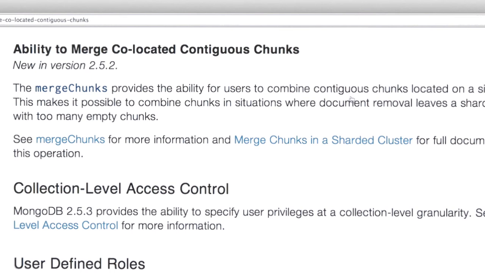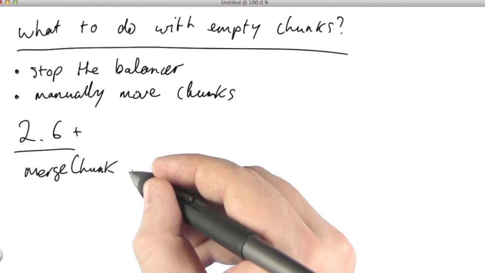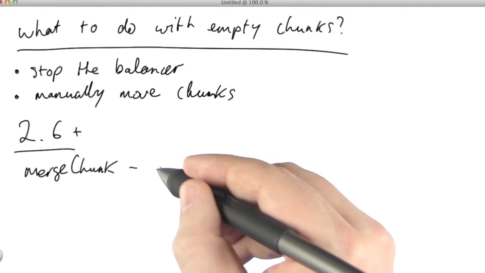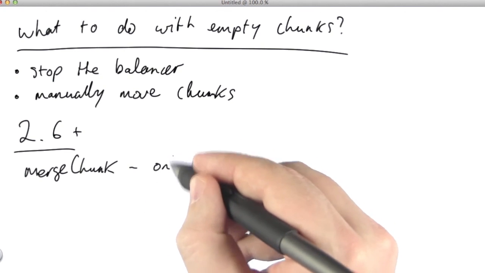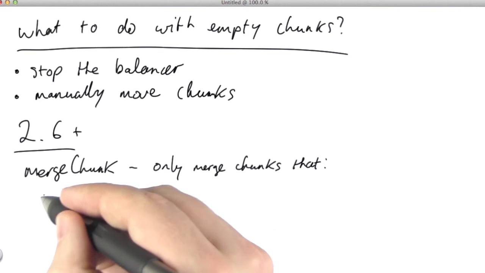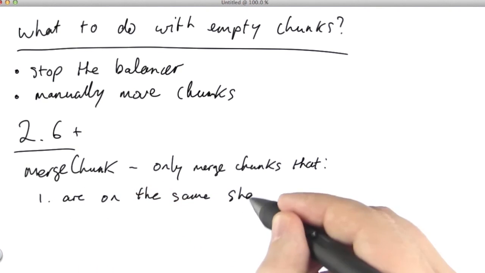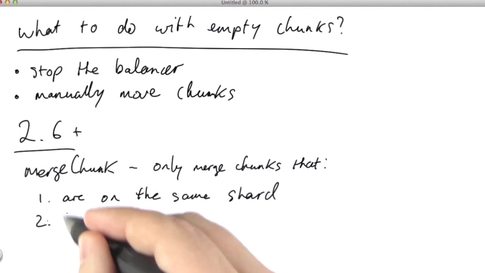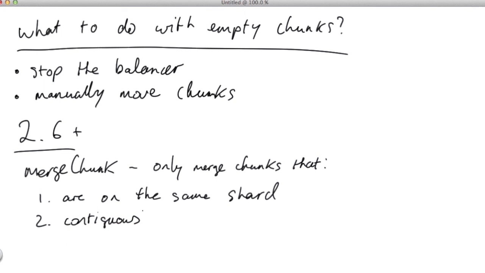Now, the interesting limitation to merge chunks is that it has a couple of requirements. One, it can only merge chunks that are on the same shard. Two, that are contiguous. So when you want to merge two chunks, they have to have contiguous ranges. They have to be next to each other in the list, if you like.